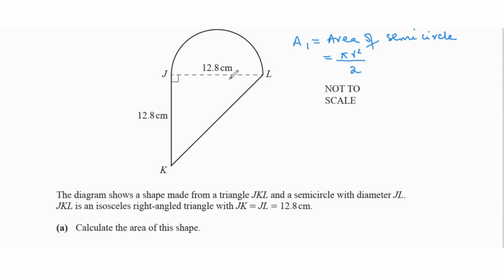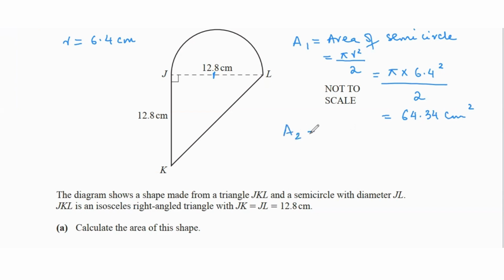Since the diameter is 12.8, the radius is going to be 6.4 centimeters, which is half of the diameter. So that's pi times 6.4 squared over 2. When you plug that in the calculator, you should get 64.34 centimeters squared.